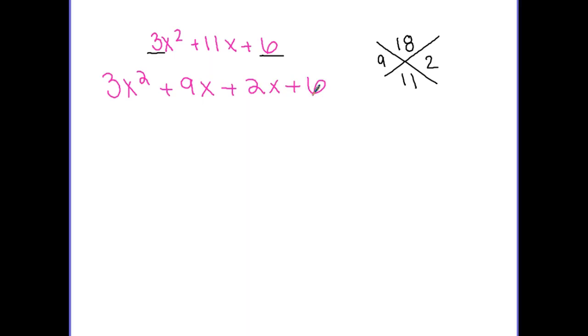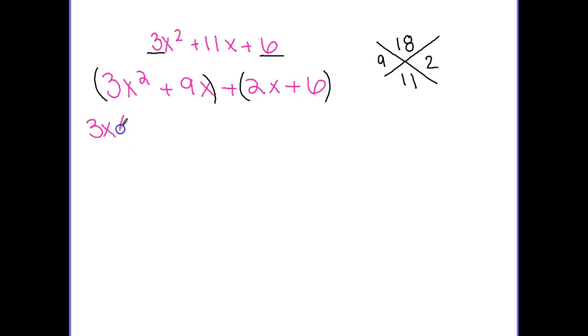Because now when you factor by grouping, the GCF of the first is not just an x anymore. So what can I take out of 3 and 9? And then I can take an x out of x squared and x.